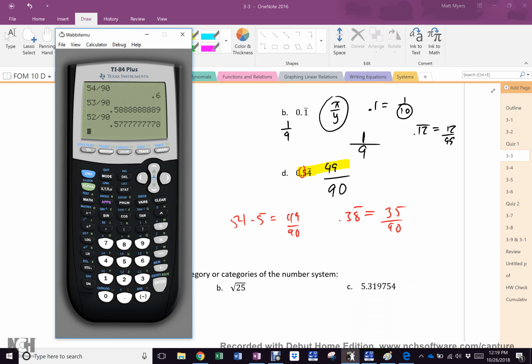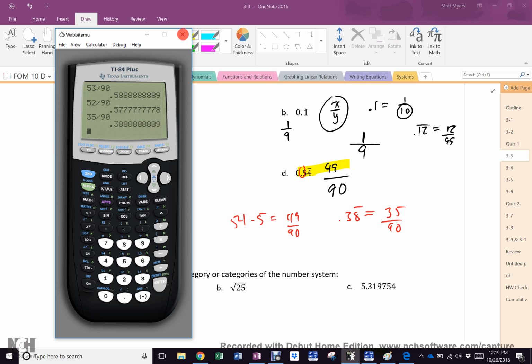No, because he subtracted the tenths. 38 minus 3, right? 35 divided by 90. 0.38888888. Look at you, Aaron. Found your own shortcut.